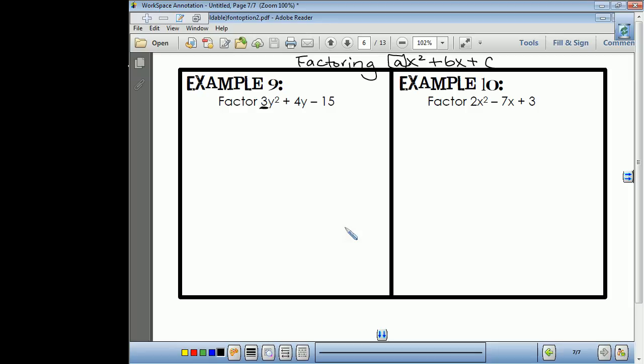What we do is we take this coefficient and we multiply it times this number. When I take 3 and multiply it times negative 15, that gives me negative 45y squared. Now, if you'd rather just write the negative 45, I'm okay with that.